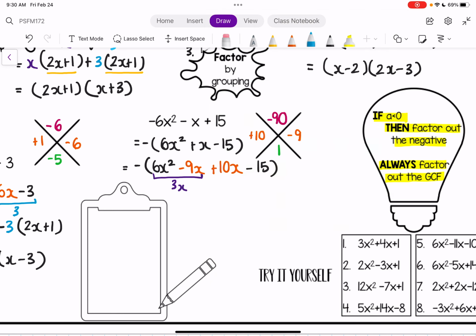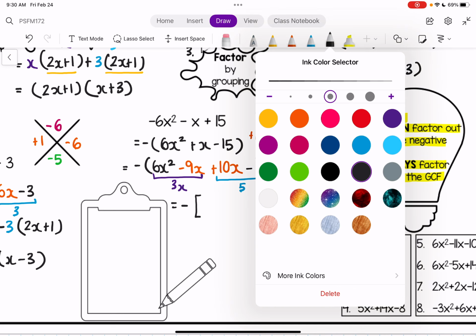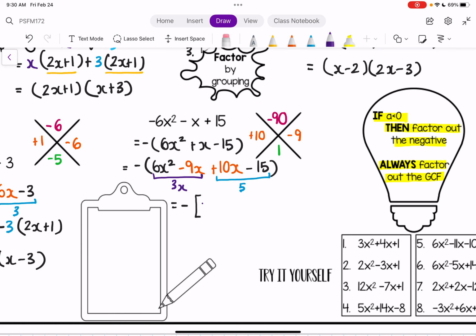And here our common factor is 5. Again, remember that negative has to stay there. And because we're going to have nested brackets, I'm actually just going to, for now, put my outside brackets as square brackets, just so that it's easier to see the difference.